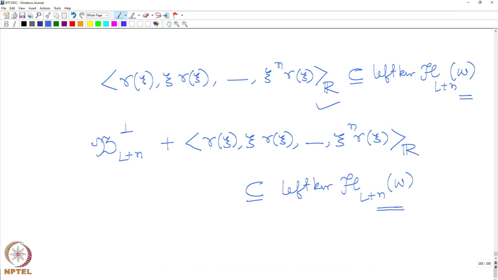Now we are going to make a claim: that this subspace and this subspace have a non-trivial intersection.